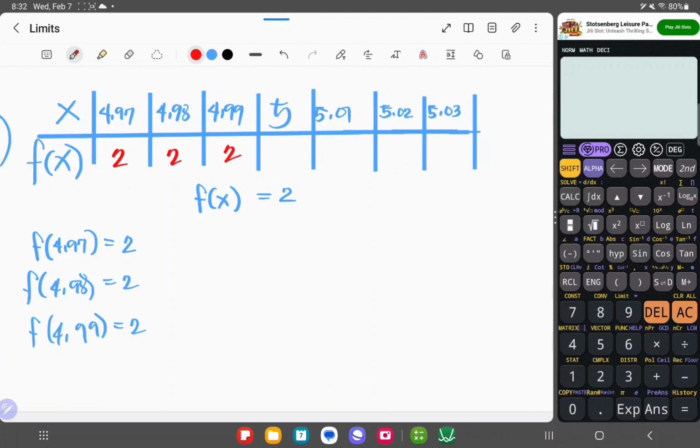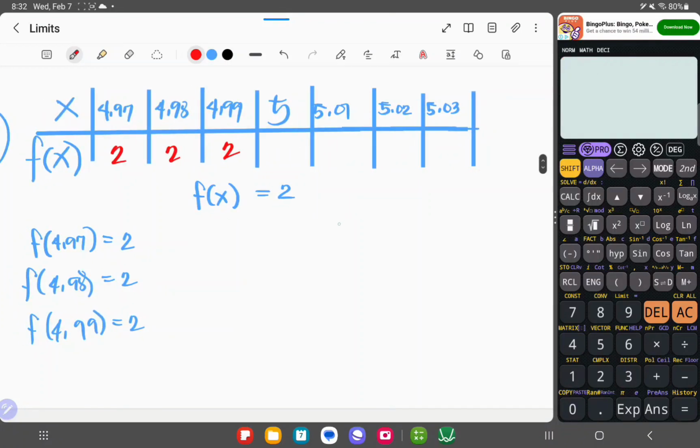And for our right side or positive direction, we have f of 5.01 is also equal to 2, and so on until f of 5.03 is equal to 2. So meaning these are all 2.